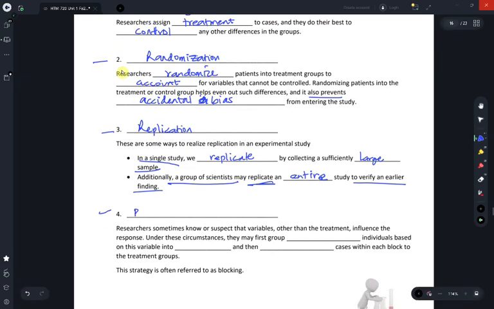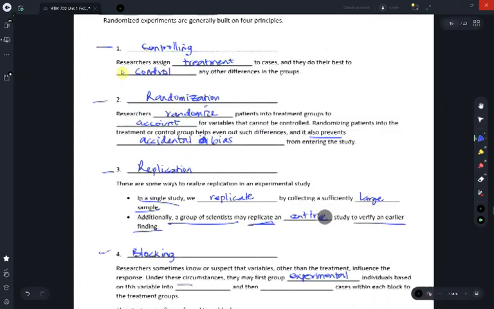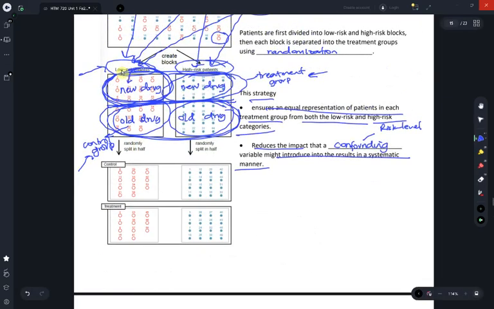Then lastly, you have blocking, which we just saw. So if we notice that a particular variable can introduce systematic bias into the results, a lot of thought is required here. Under the circumstances, we may first group experimental units, as we did in this example.